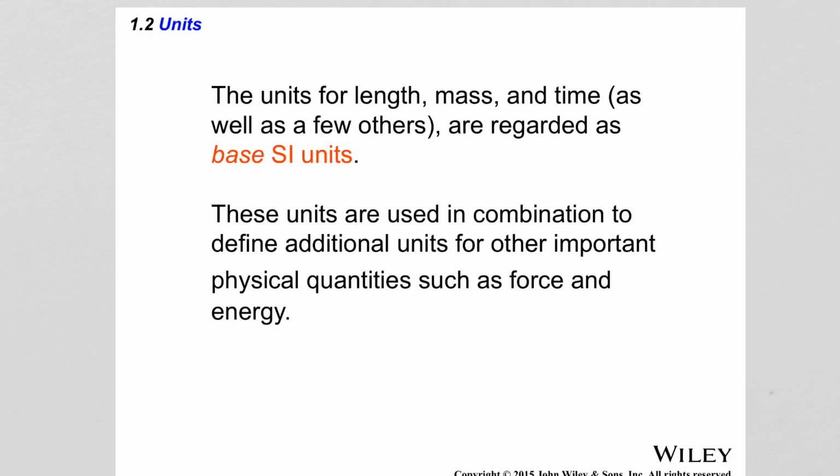One more time, that will be the meter for length, the kilogram for mass, and the second for time. So these are base units that correspond to those fundamental quantities.